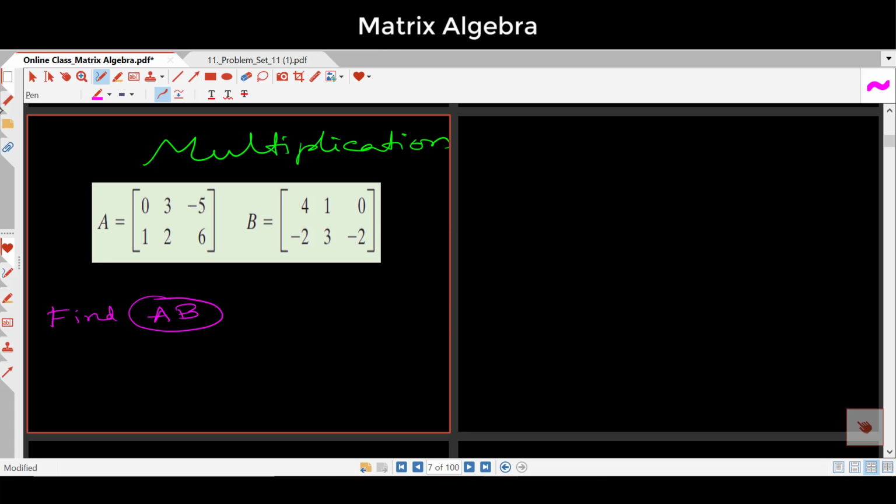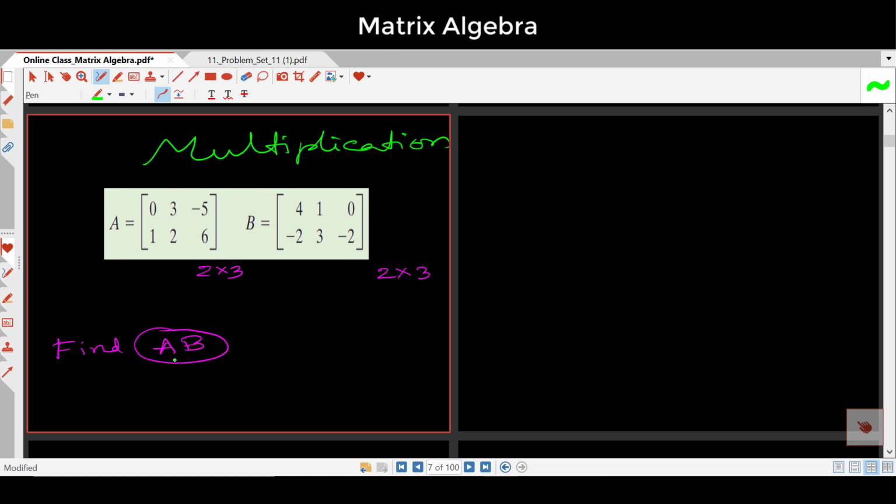So again it depends on the order. So here you have to think about what is the order of the first matrix, that is 2 by 3. What is the order of the second matrix, that is again 2 by 3. That is A has 2 rows 3 columns, B has 2 rows 3 columns. Now you have to check whether multiplication is possible or not.